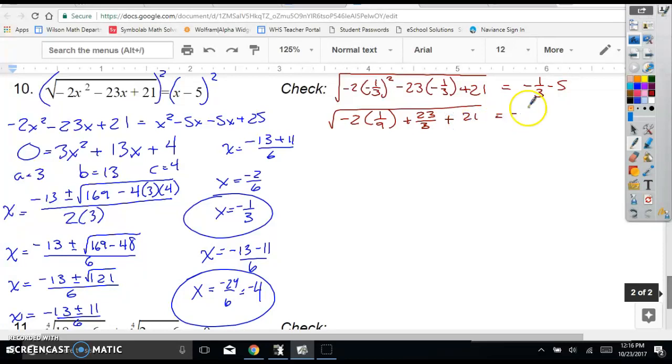And this will be negative 5 and 1/3. So this will be negative 2/9. And this will be 69/3. And this would be 63/3. And this would be negative 16 over 3. Converting everything over. Okay. Hope I didn't slip up on anything.